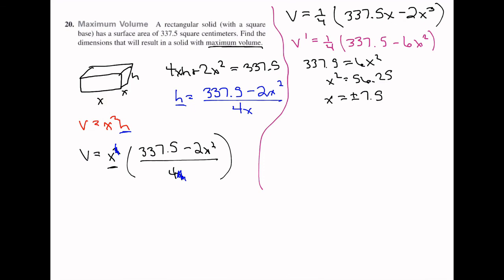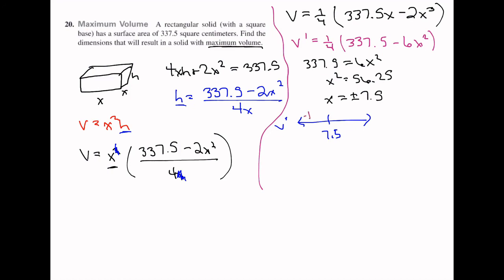So when I'm checking my signs for my derivative of volume, I'm only going to put the positive 7.5 on here. If I plug a 0 in here, to my derivative, I get 337.5 minus 0, so that's going to be positive.